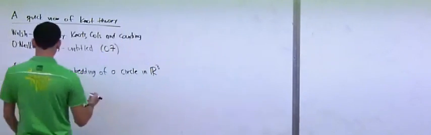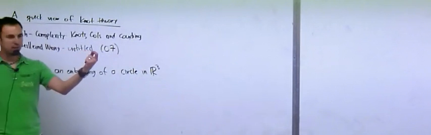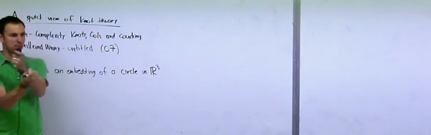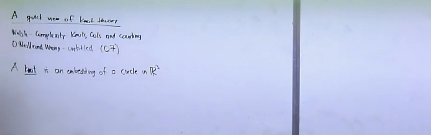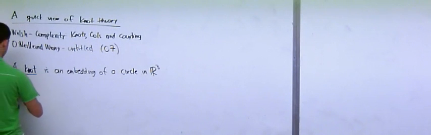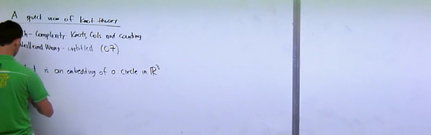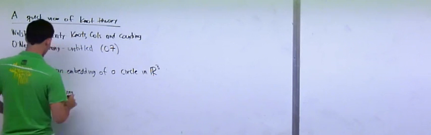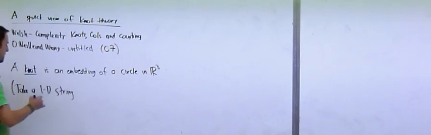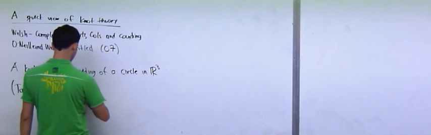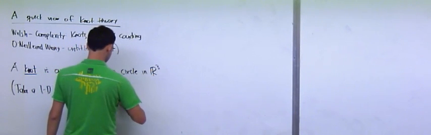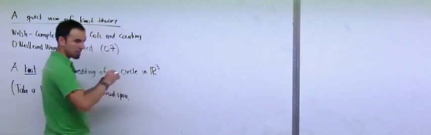The idea is basically that you take a string, like your shoestring, and then you wrap it around in whatever way you want, and then you attach its ends. So take a string, some one-dimensional thing, wrap it around itself, move it around in any way, and then attach its ends.